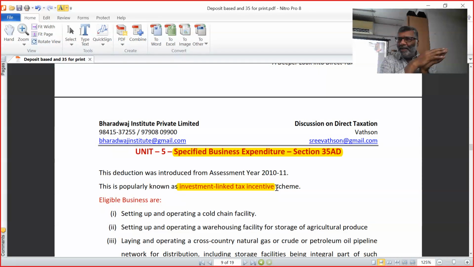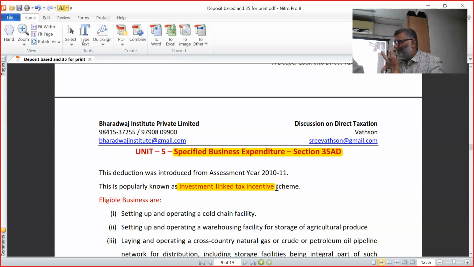I have already given 80I. I already have 10AA, which are still dynamic. Now, as a businessman, I invest, I claim 35 AD. I get profit, I claim 80I. Is it possible? No. So all these 3 sections got one statement. If you are claiming under this section, the other two you cannot claim.